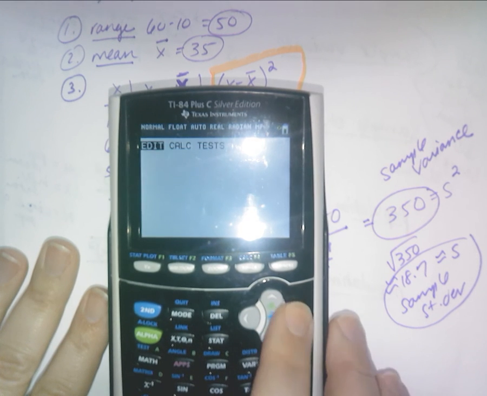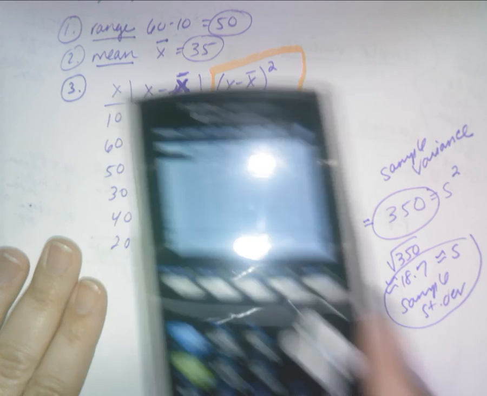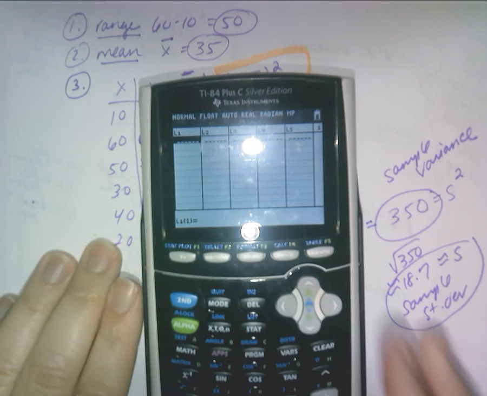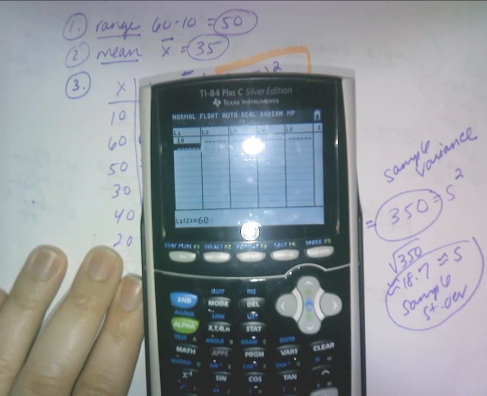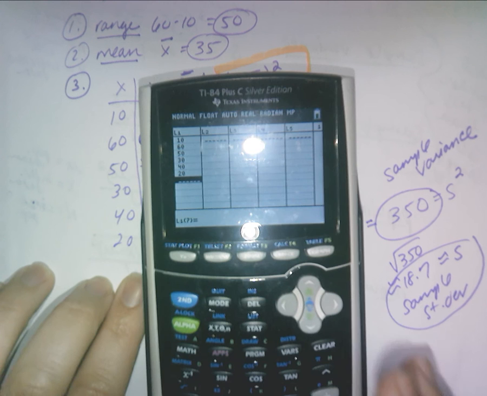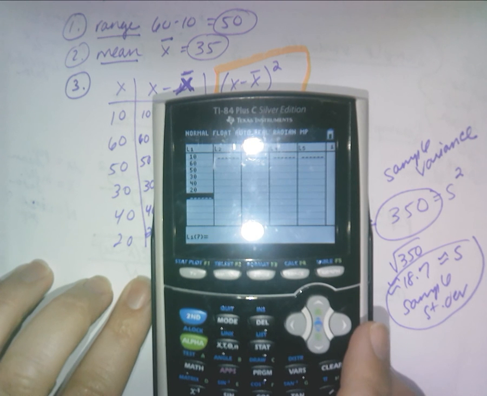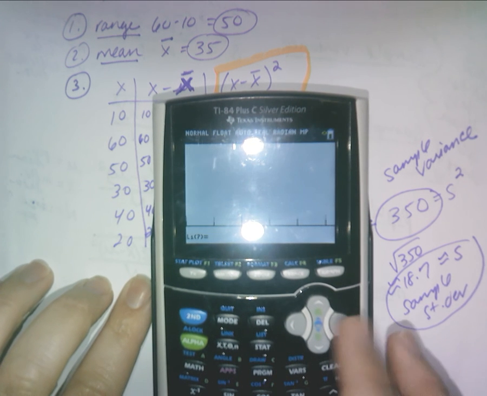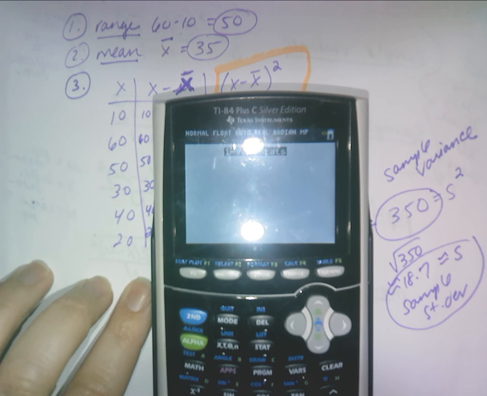Go to Stat, Edit, put these numbers into L1 again. So 10, 60, 50, 30, 40, 20. Okay. And then do exactly what you were just going to do before. Stat, Calc, 1 Var Stats. Enter, enter, enter.